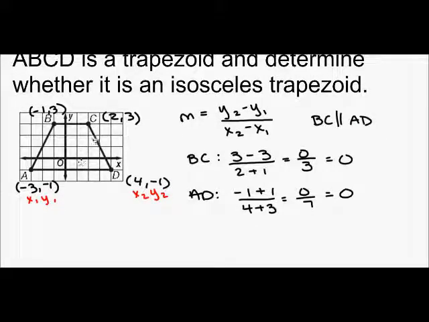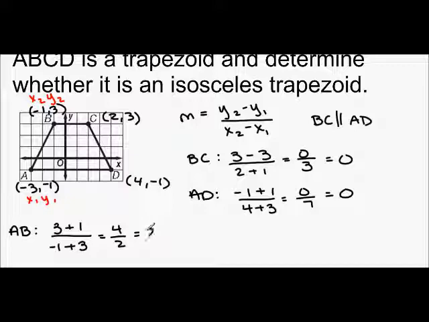Now we want to check the slopes of AB and DC and make sure that these segments are not parallel. So AB, we have y2 is 3 minus y1 is -1, so plus 1, over -1 minus -3, so plus 3. Gives me 4 over 2, which is 2.